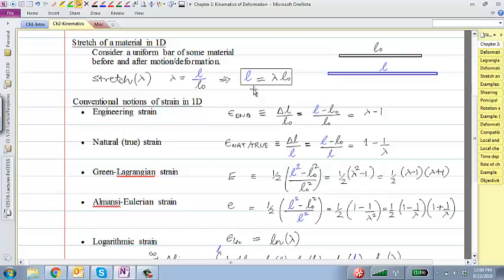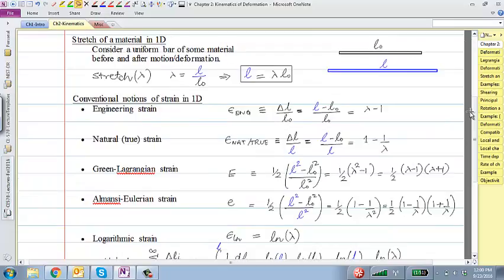I just took L to the other side, and I'm saying final length is lambda times L0. This interpretation of stretch is going to be very helpful for 2D and 3D problems in general, when we are looking at strains not just for bodies that look like lines, but bodies that have finite dimensions in 2D and 3D. Using this definition of stretch, we can go through a number of definitions of strain.